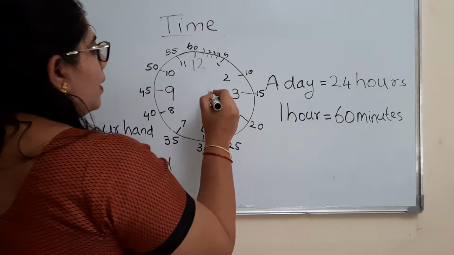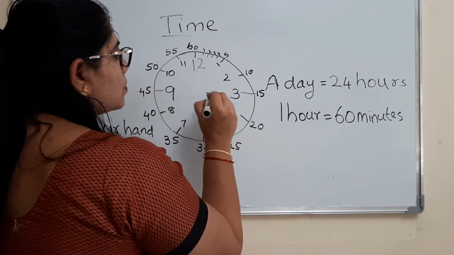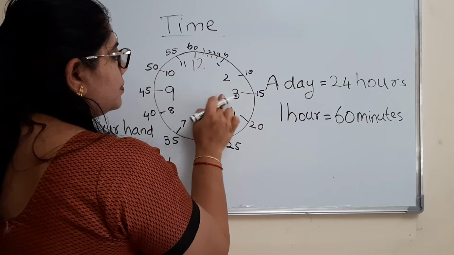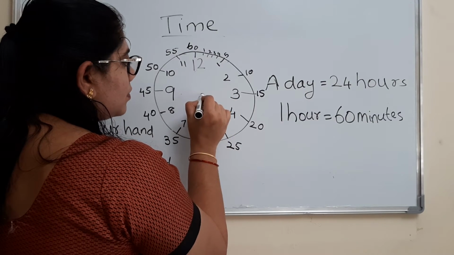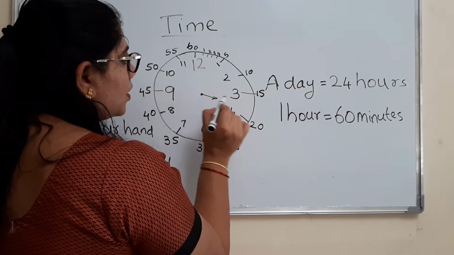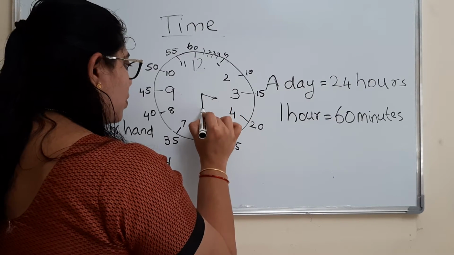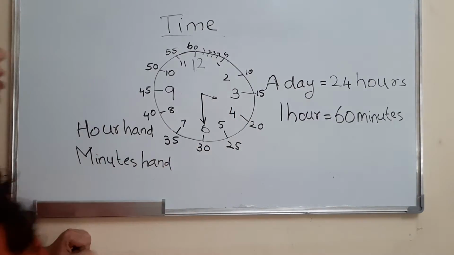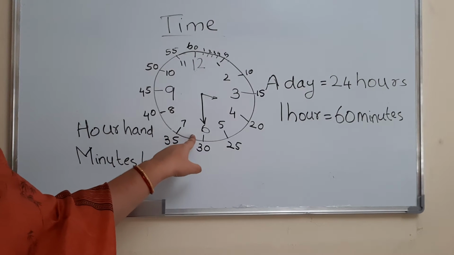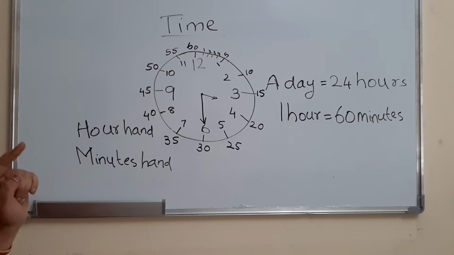Now what is this called? When the small hand is between 3 and 4 and the long hand is on 6, then what is the time now?